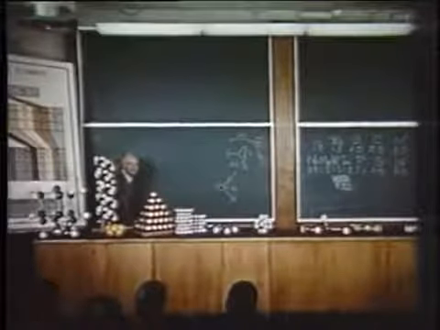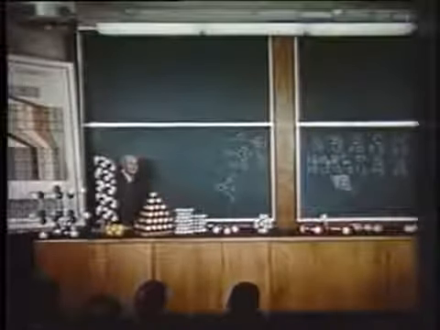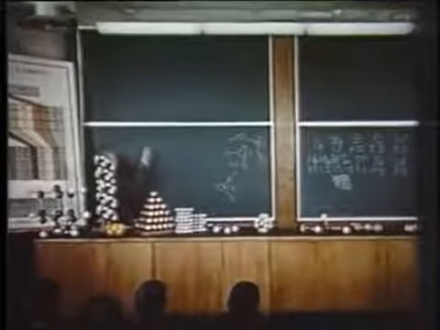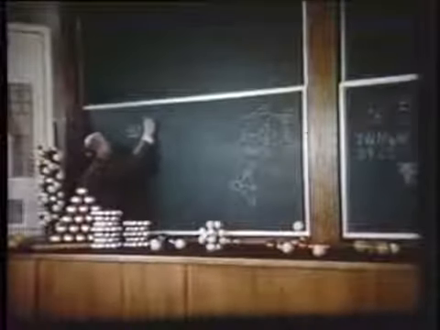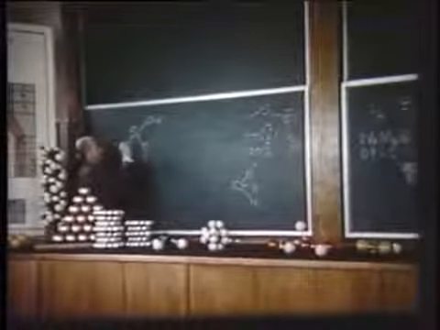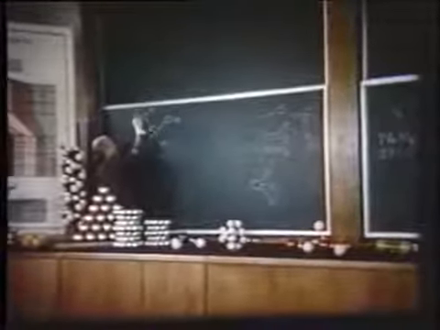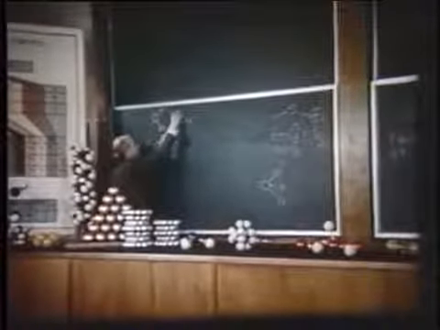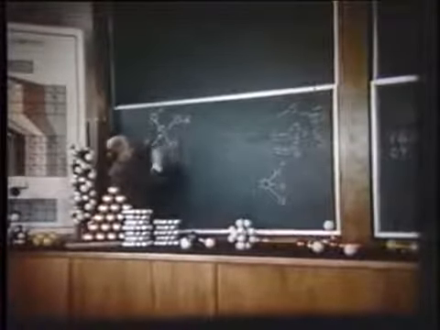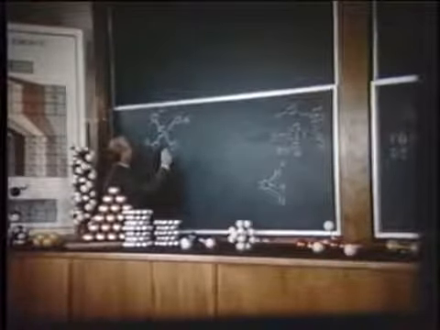Let me use silicic acid and the related acids, phosphoric acid, sulfuric acid, and perchloric acid as an example. Silicic acid is Si(OH)4, and we can draw a structure for it in this way, as G.N. Lewis first did, in which each of the oxygen atoms has achieved the neon structure.